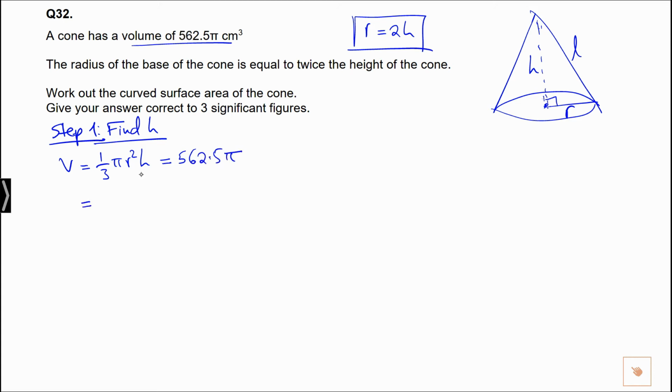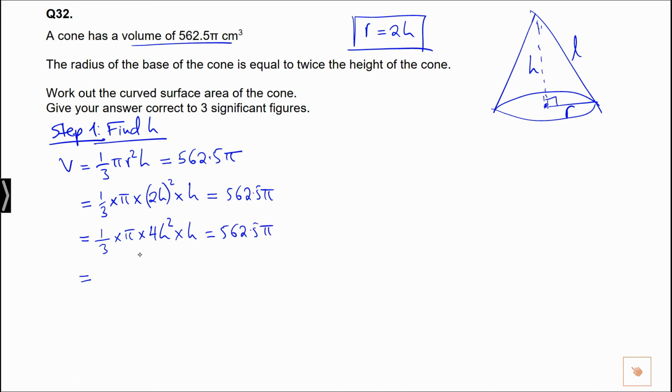If we plug in the information that we have, a third multiplied by pi multiplied by r, and r is 2h, so 2h squared multiplied by h, this will be equal to 562.5 pi. 2 squared is 4, so this will be a third multiplied by pi multiplied by 4h squared multiplied by h, equal to 562.5 pi.